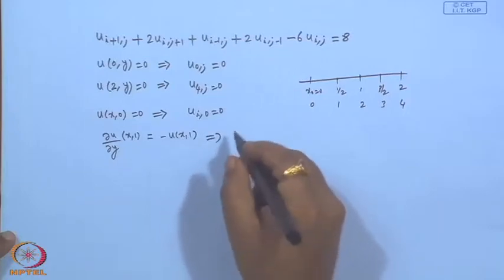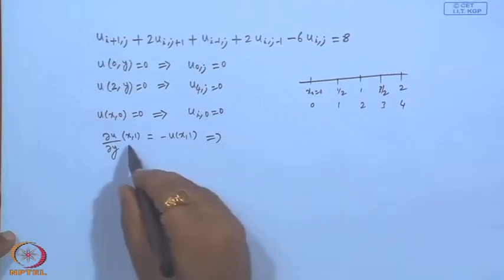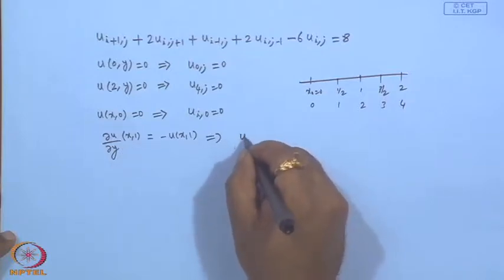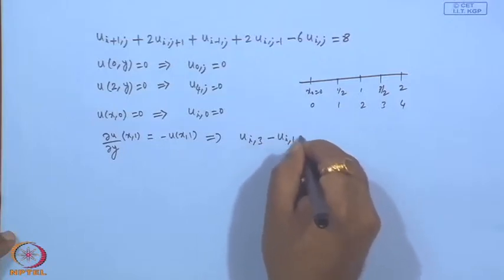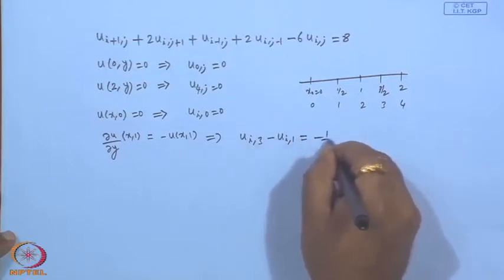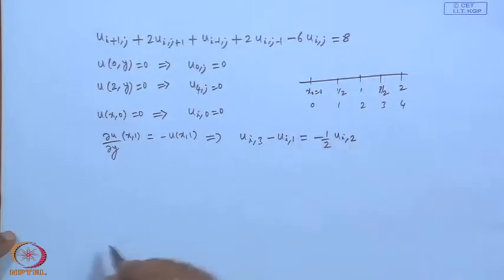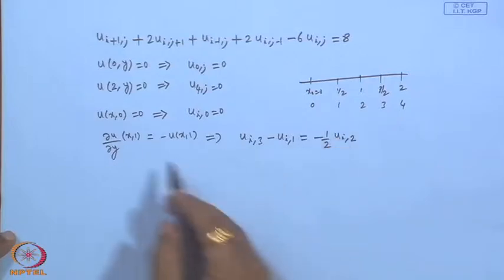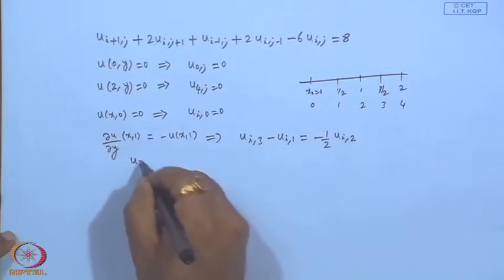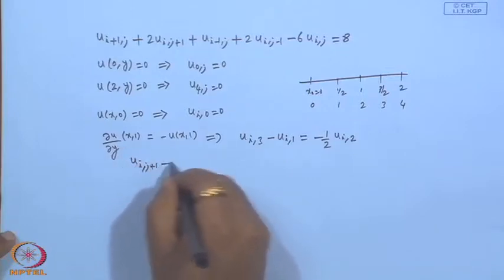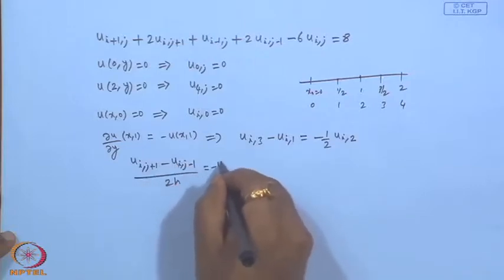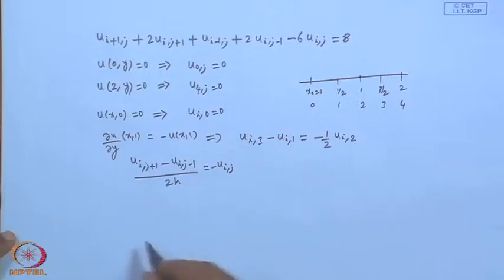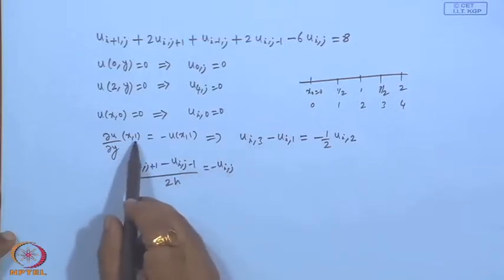So, this implies, if we do it in a more general case and then simplify, u i 3 minus u i 1 equals minus half u i 2. Okay. So, for example, in the more general case, u i j plus 1 minus u i j minus 1 over 2 h is minus u i j, and this is at y equals 1. Okay.